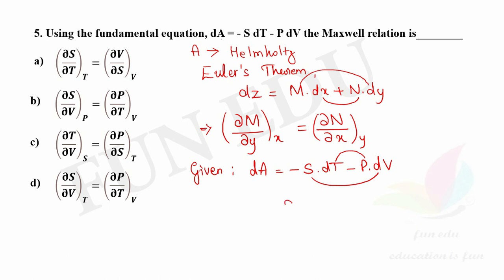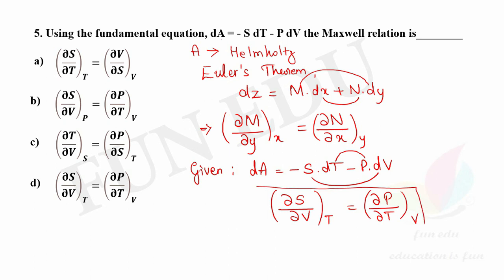So I can write delta S by delta V at constant temperature is equal to delta P by delta T at constant volume. Correct? And don't worry about the signs that are present, positive and minus, that is not going to affect here.